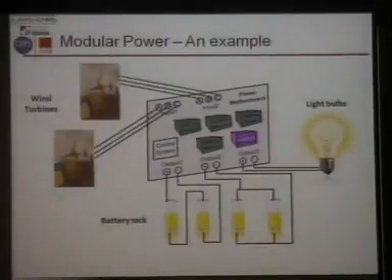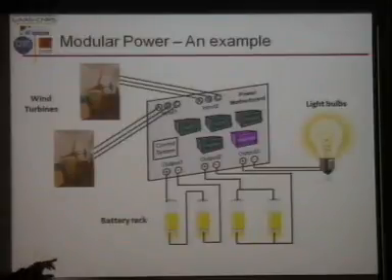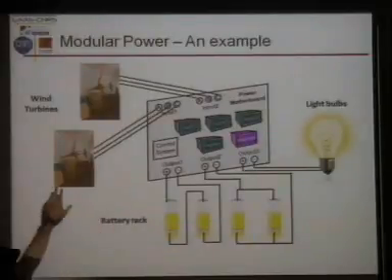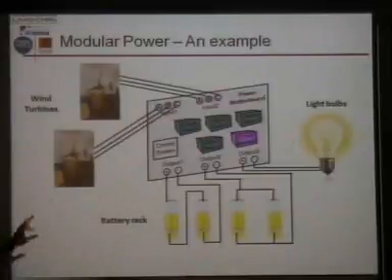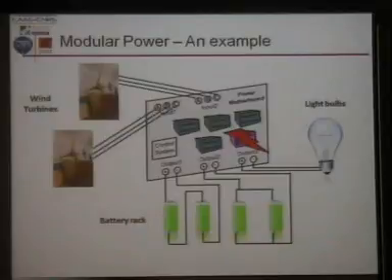You can connect some of your battery racks in series, some in parallel, it doesn't matter. The wind turbines go in, energy comes out, and if anything goes wrong, you can still fill up your batteries. You don't lose the whole system. If one of your modules goes bust, it's like changing a light bulb. You unscrew the module, screw a new one in, and then you can repair the old module.